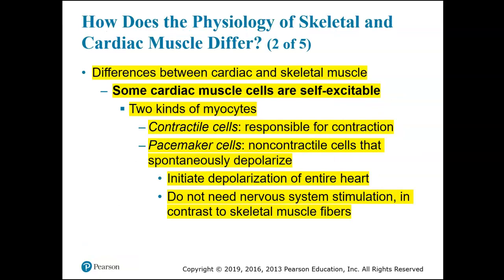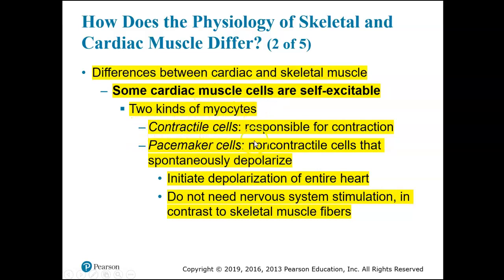Now, we're not going to focus a lot on the physiology of a cardiac muscle contraction, but it is important to know that some cardiac muscle cells are self-excitable. There are two kinds of myocytes or muscle cells.